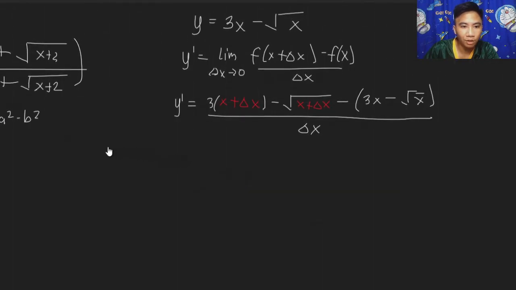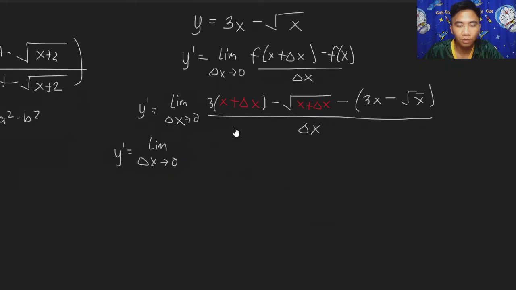So simply just distribute the limit, and we almost forgot. Yan. So huwag nyo kakalimutan yan. So the limit of delta x approaches to 0. So just expand. Expand lang natin ito.